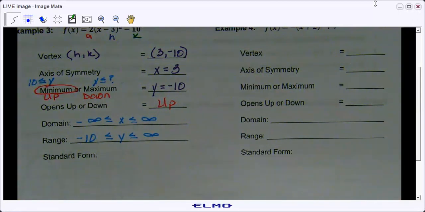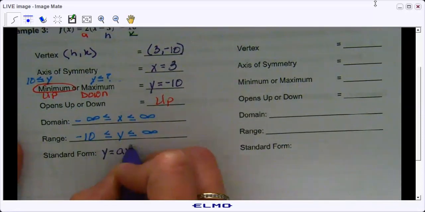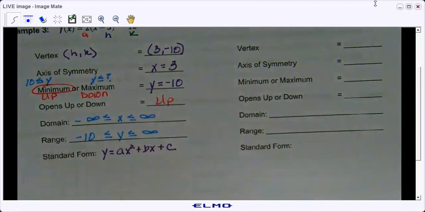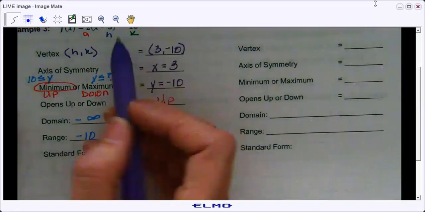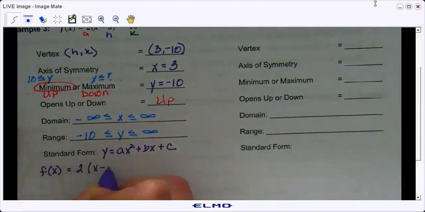Standard form is y equals ax squared plus bx plus c. So we're going to take the vertex form of the equation we were given and turn it into standard form. The first thing I'm going to do is write out the equation up at the top: f of x or y equals 2 times x minus 3 squared minus 10.